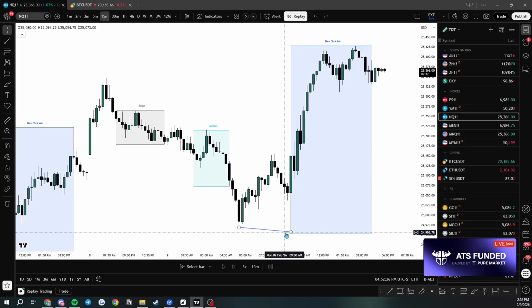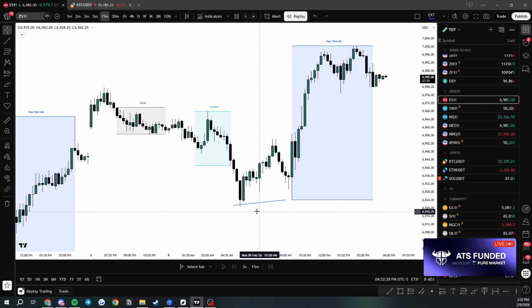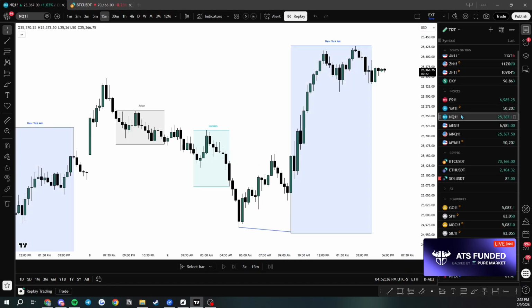After that SMT formed, where this low set in London does not get taken out, but this one on NQ does, now I'm saying if we get a change in state of delivery here, it's going to be a lot higher probability because of this SMT.